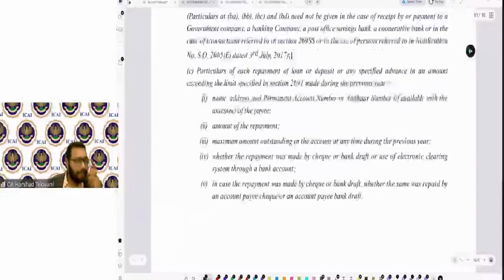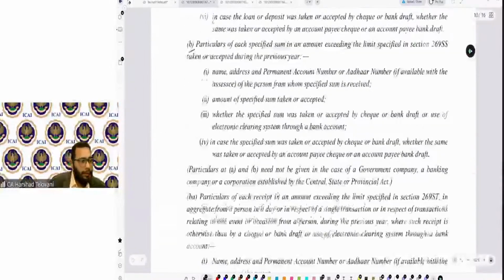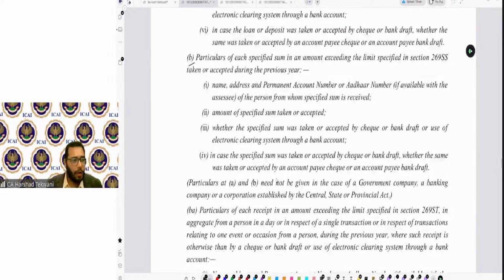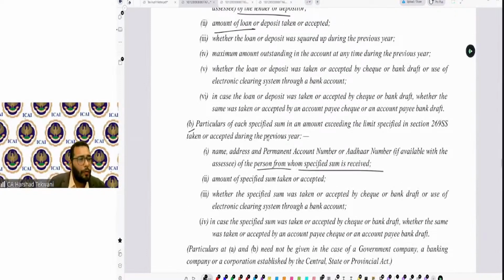If you see the details which are given: name, address, permanent account number, Aadhaar number of the lender or depositor in cases when the specified sum is received. So it will be from the person from whom the specified sum is received, amount of loan or deposit taken or accepted, whether the amount of loan was squared up during the year.